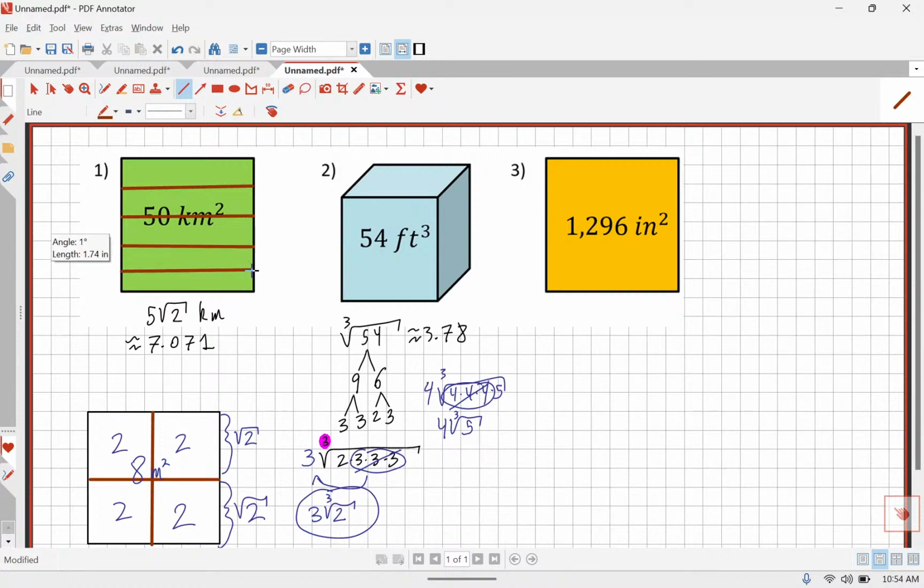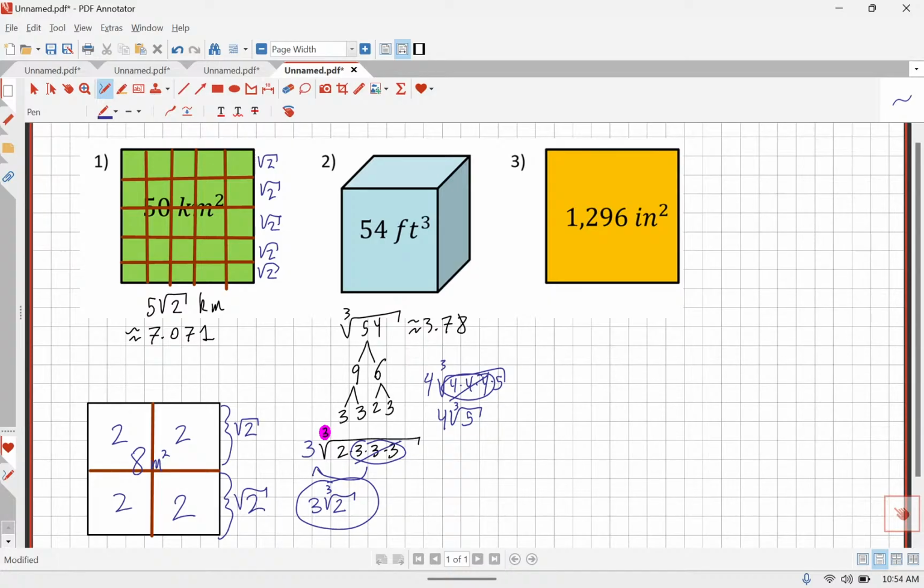And if I cut up 50 kilometers squared into 25 squares, how much is each one worth? 2, which means each of these side lengths is the square root of 2 long, and there are 5 of them running down the side. That's what it means, that it's 5 square roots of 2 running down the side. It's kind of weird, and on the cube it's even weirder, but that's the idea here.